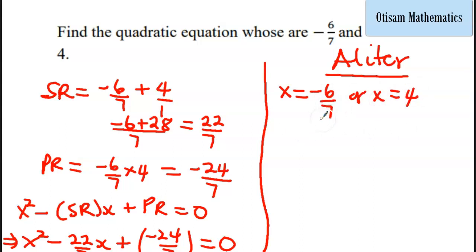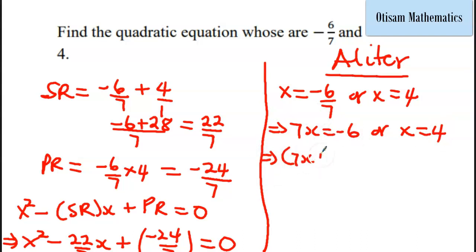So when we get to this point, cross multiply first. So this is the same as 7x equal to minus 6, or x is equal to 4. So we can send minus 6 to the left hand side. So you have 7x plus 6 times x minus 4 is equal to 0.